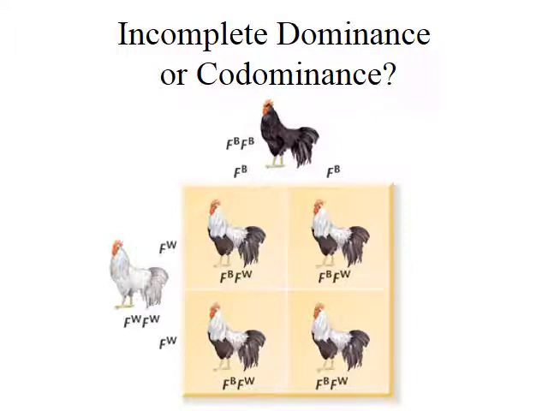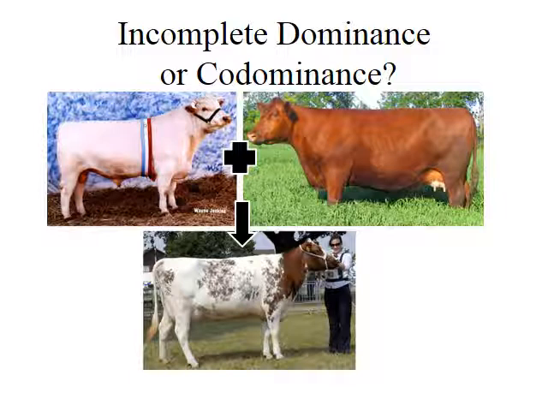And you can see that when you see both the traits expressed, you know that it is codominance because you see the spotted color of both the black and the white. So again, we have two cows, one's brown, one's white. You mate them together, you get a cow that is white spotted and brown spotted. So that is an example of codominance.